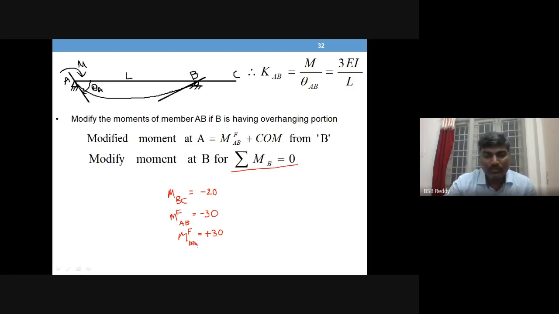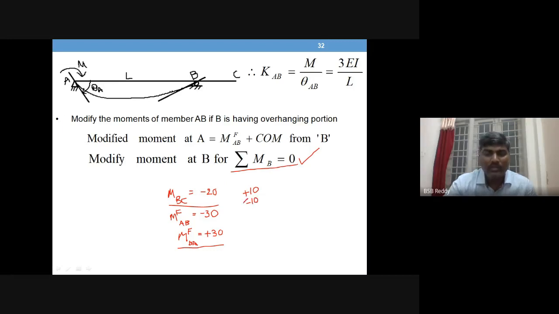So you have two moments at B. This is the cantilever moment and this is from the fixity of the span AB. If you want to make the condition that moment at B shall be 0, you see it is minus 20 plus 30, so there is a balance of plus 10. To make sigma M be 0, I shall add minus 10 there.